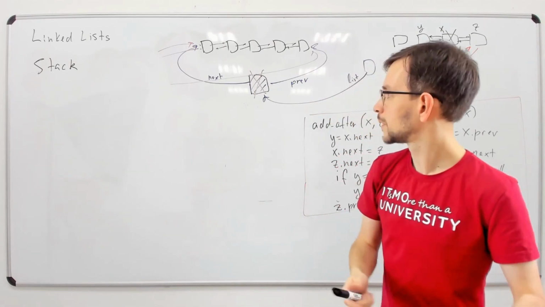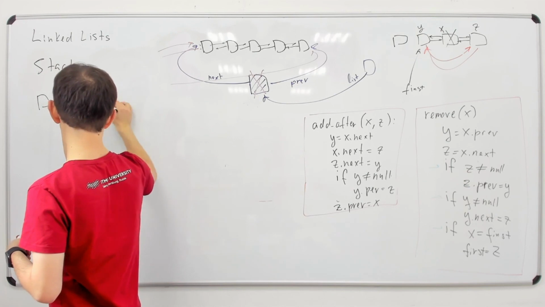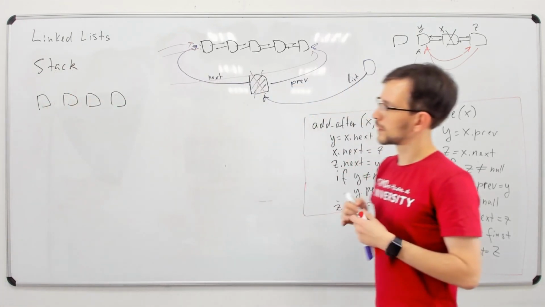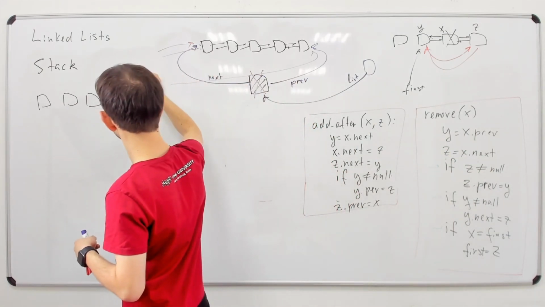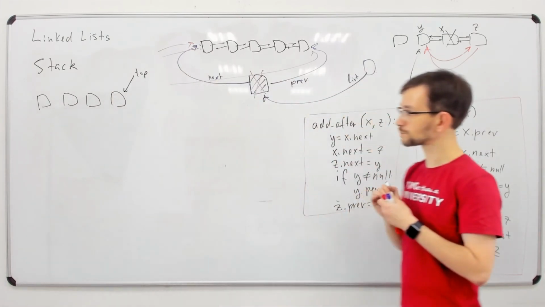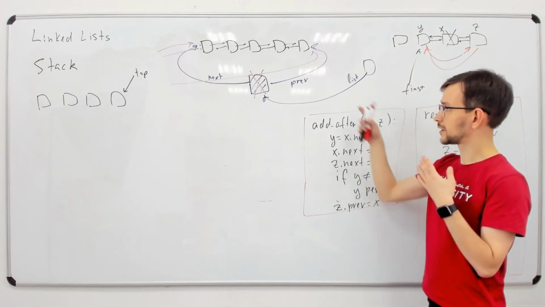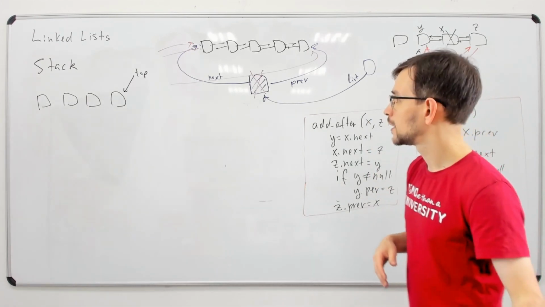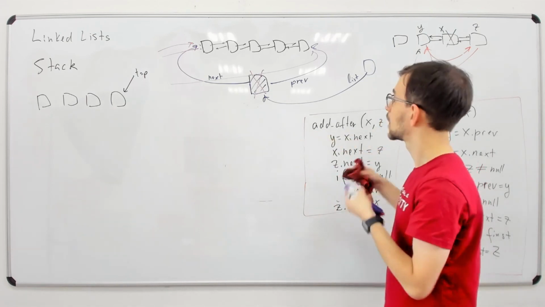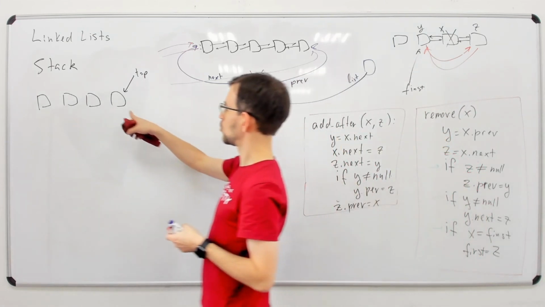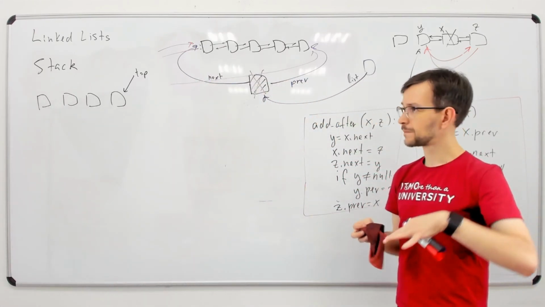Well, let's see. We have the elements of the stack. Let's say this is the last added element, so this is the top element of the stack. You may have a double-ended list like here, but actually you don't need this. It's enough to have a single-direction linked list. So in what direction do we need pointers in this linked list to be able to maintain the stack?